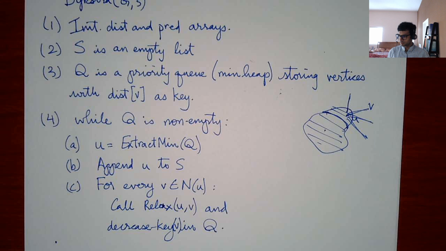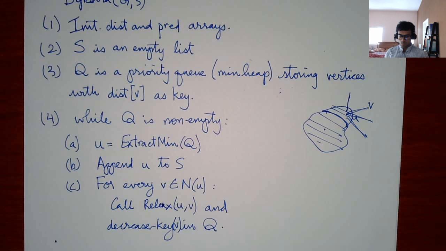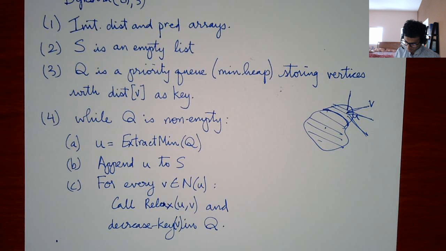What do you mean by decrease key of V? Okay, so if you look at the queue, the queue stores a min heap where every vertex has a key. The key gets updated. So you can also call it an update key. Okay, got it. So it's decrease key or an update key.